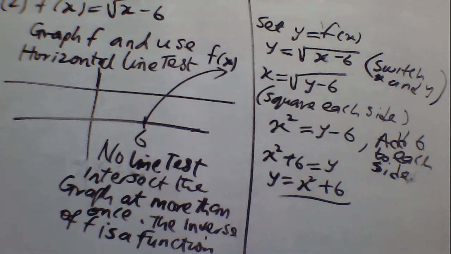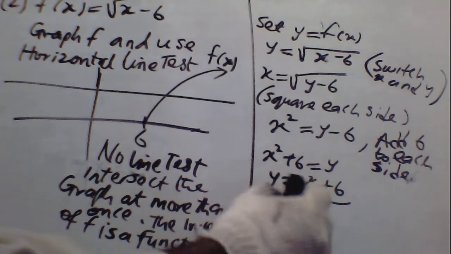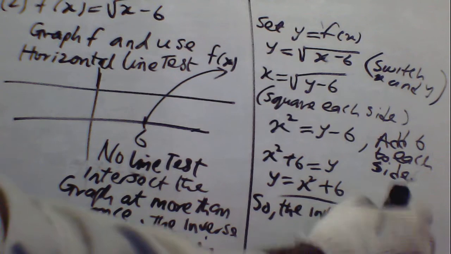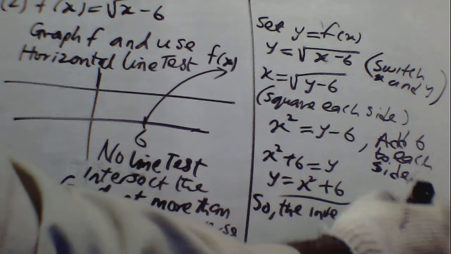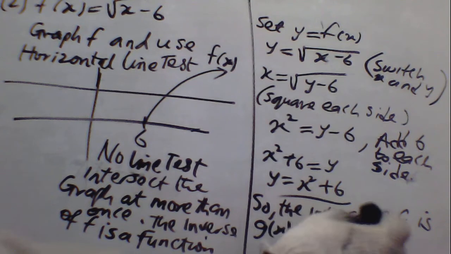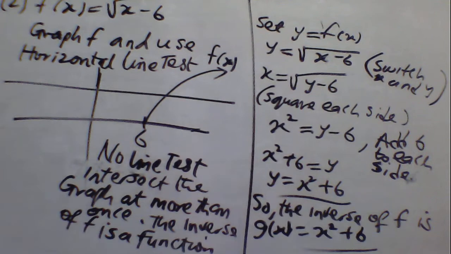Once you arrive at this point, you have already solved it. So the inverse of f is g of x equals x squared plus 6. So this is the inverse. Do you have any question?